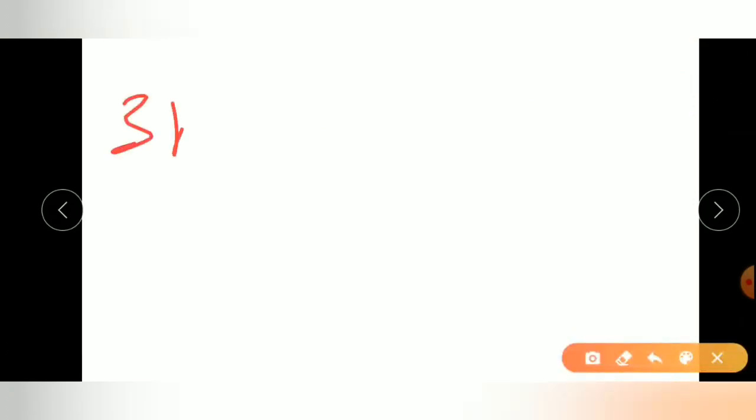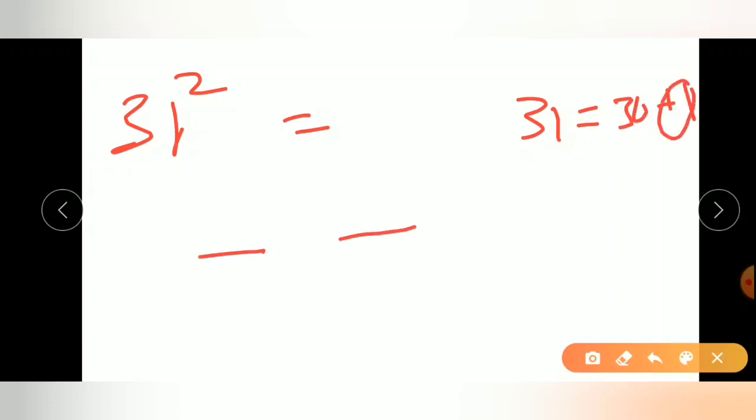Let's start one another example, 31 square. This is not part of this topic, but today we should discuss about 1 to 25. Let's start. 31 equal to 30 plus 1. Here 1 is more than 30. So in the first place we have to place square of that unit, that is 1.